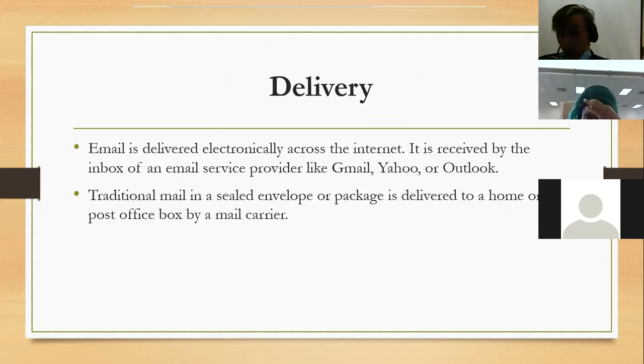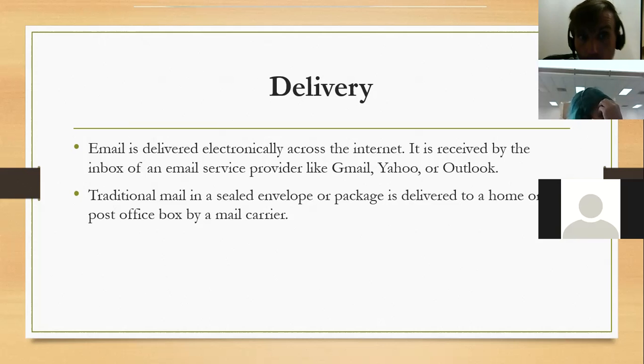And so delivery, we went over that. How delivery is different with respect to traditional mail and email. With traditional mail, you have obviously the post office, mail carriers, et cetera, that are used. With respect to email, it's just sent from one person's inbox to another person's inbox.